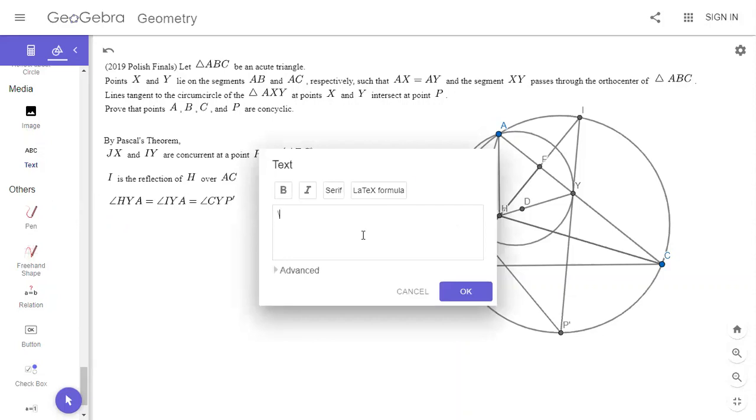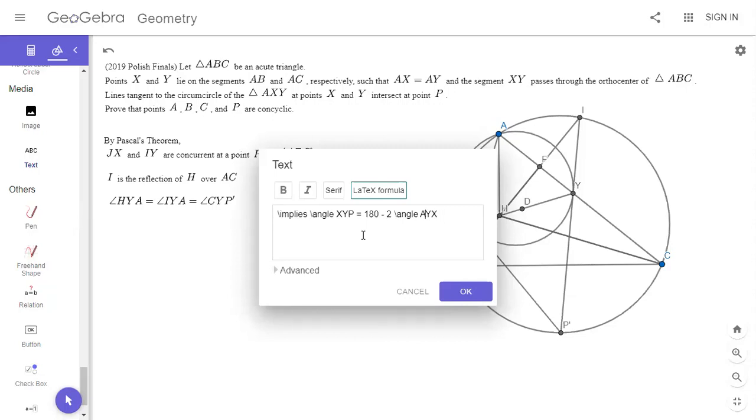So that means angle XYP is equal to 180 minus 2 angle AYX.